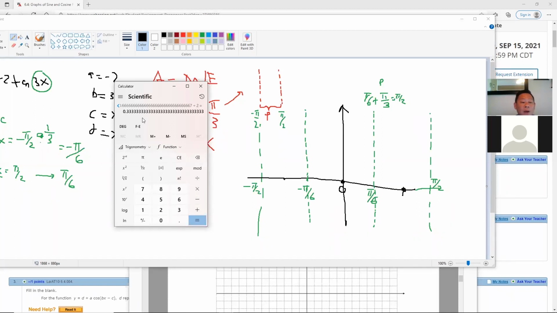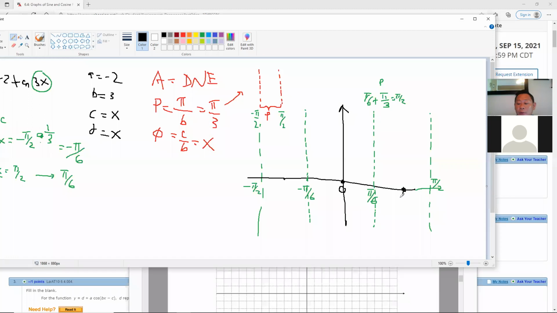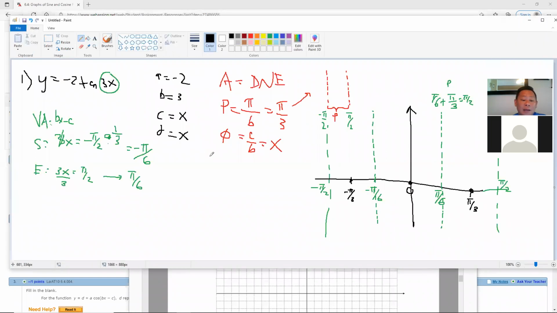So this is going to be pi over 3, and this will be negative pi over 3. This is usually how we figure it out: we just take the middle of it, like the median. Okay, so the tangent graph used to go like this.